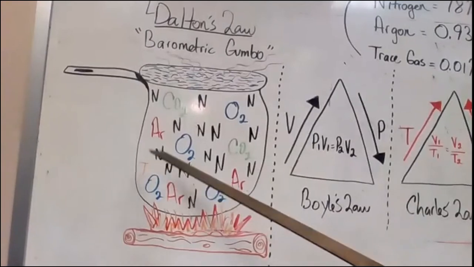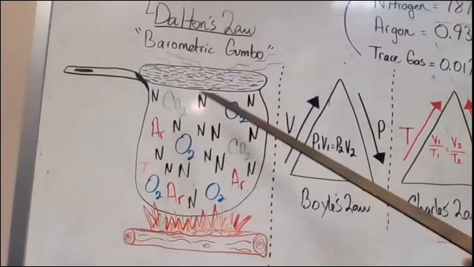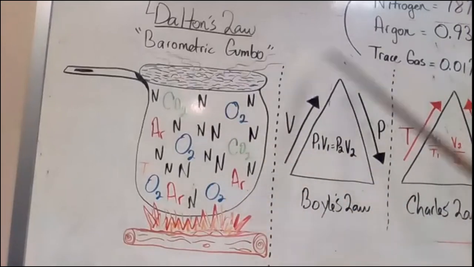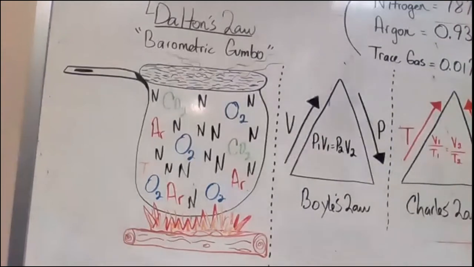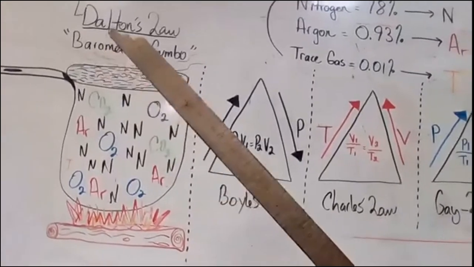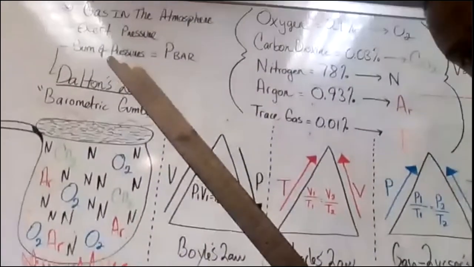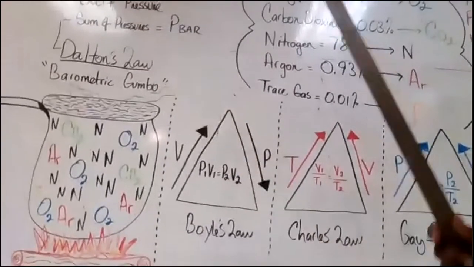And trace gas. If you notice, it is pretty proportional to the amounts. A lot of N's because it's mostly nitrogen, right? The atmosphere is made up mostly of nitrogen, which is 78%, right? Okay.